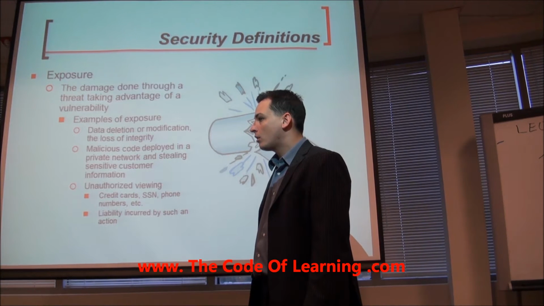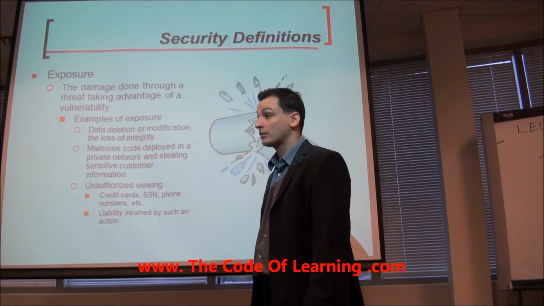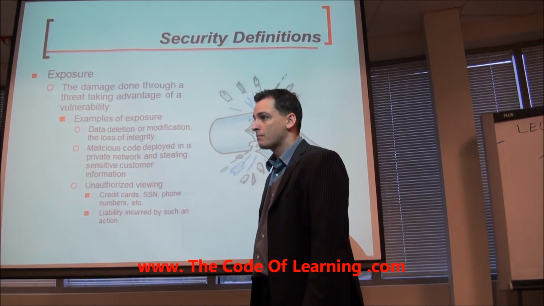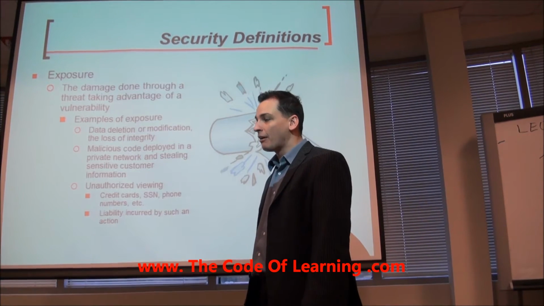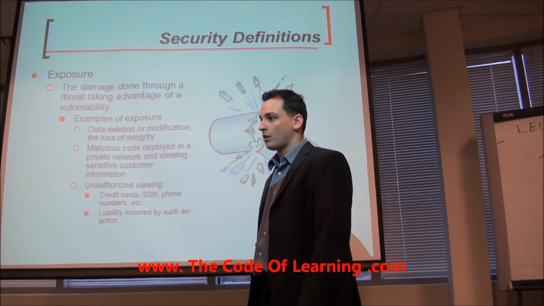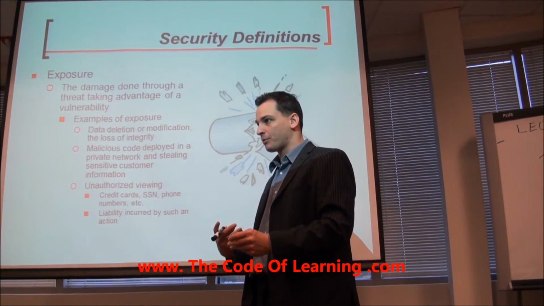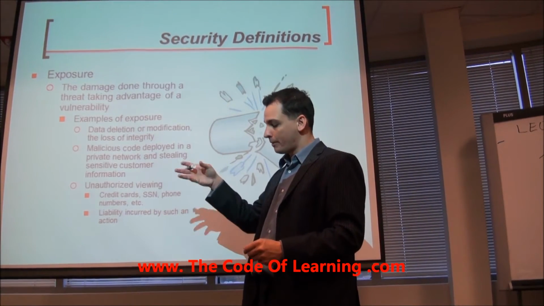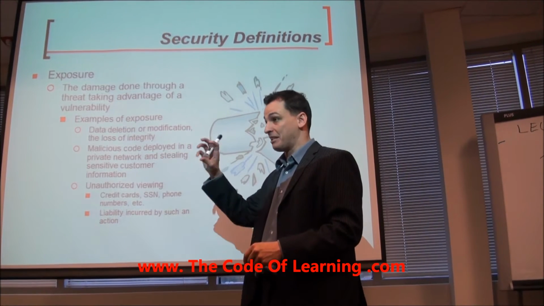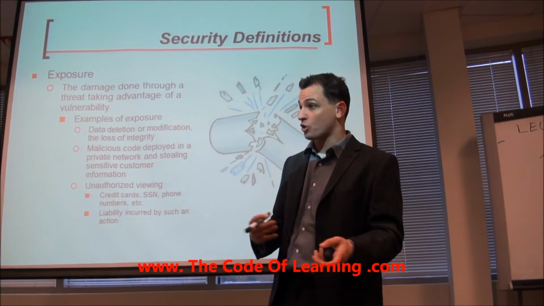So exposure requires that the risk has been taken advantage of, or does exposure simply mean that you are exposed to the risk? No, the former. In other words, something has now affected the IAC triad. There was a threat out there, your system was vulnerable, now you actually got that malicious code or advanced persistent threat, whatever the case is, and now somehow the integrity of your data, whether data at rest or data in transit, has been affected, or confidentiality-wise, something has been disclosed that shouldn't have been disclosed.